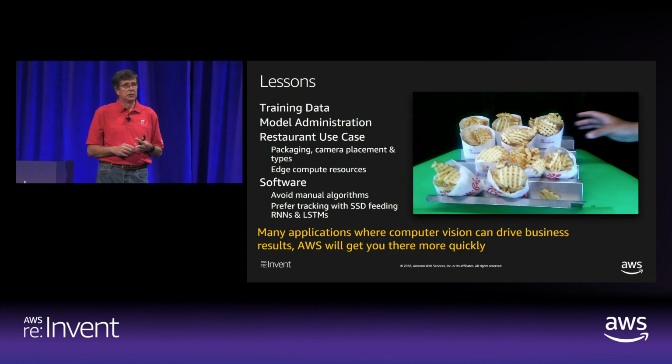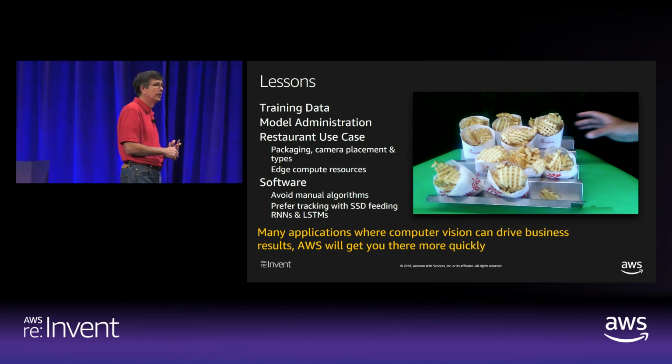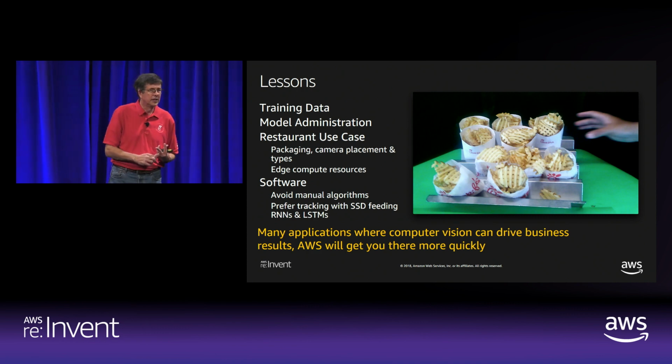In the video that I showed you, you saw a video that was sped up, but if I was to show you the actual video, it was running at about 20 frames per second, which was difficult for the way that we had optimized the models. In other words, we took the model and tried running it on an UP Squared, a basic Intel chip computer, and that created maybe 1 to 3 frames per second.